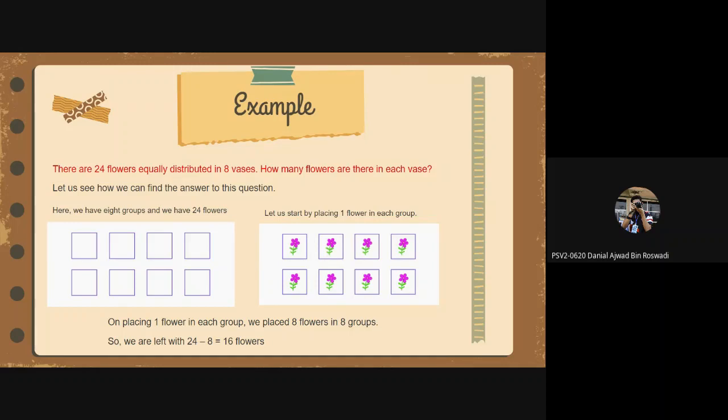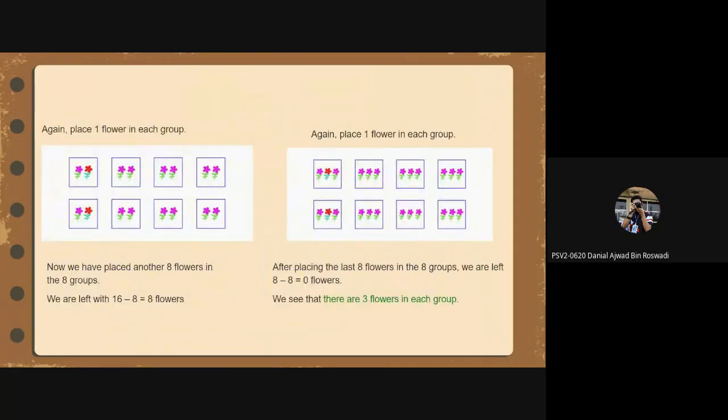Let us see how we can find the answer to this question. Here we have 8 groups and we have 24 flowers. Start by placing one flower in each group. On placing one flower in each group, we place 8 flowers. So we are left with 24 minus 8 equal to 16 flowers. Place one flower in each group again.